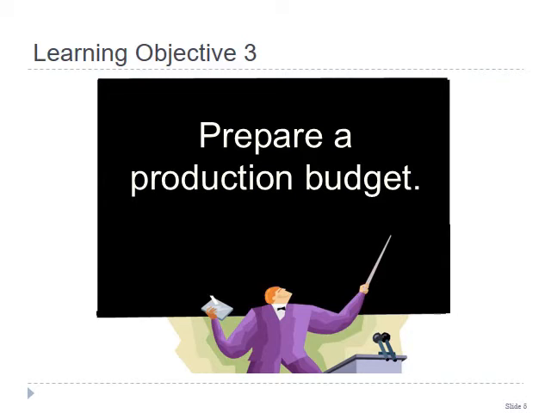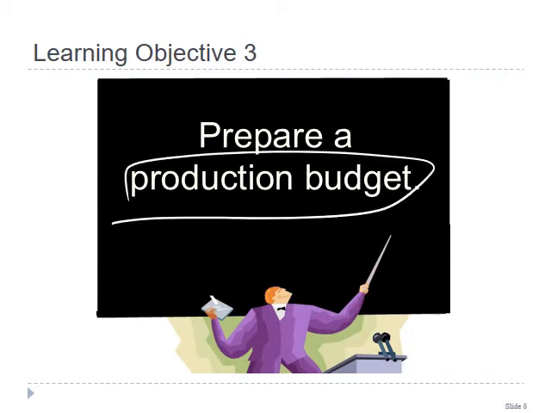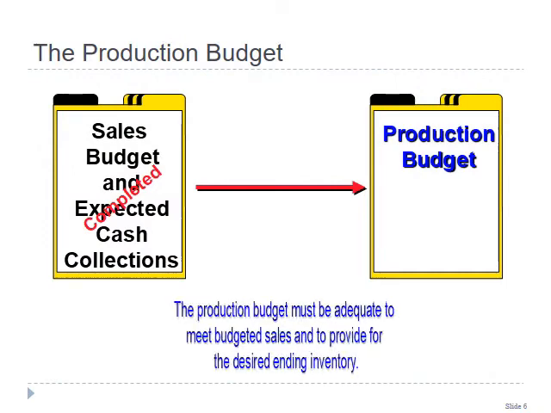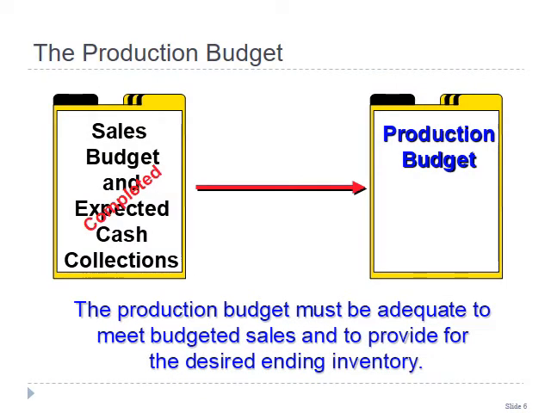Okay, our learning objective 3 is to prepare a production budget, right? After we have budgeted our sales and expected cash collections, we must make sure that the production budget is adequate to meet the forecasted sales.